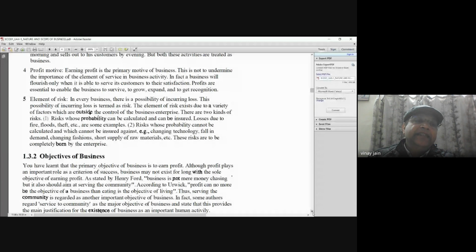Element of risk says that you may have profit, but you may suffer loss as well. So there is a possibility of suffering loss. Therefore it is called business. Got my point? Yes, sir. Then we have objectives of business.